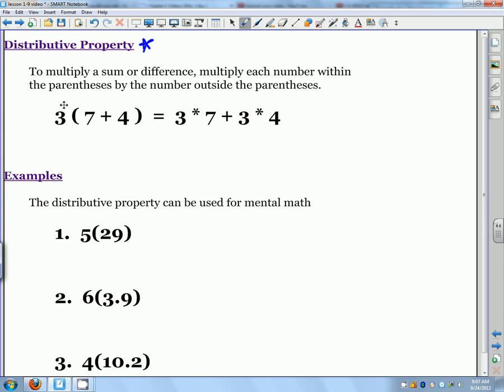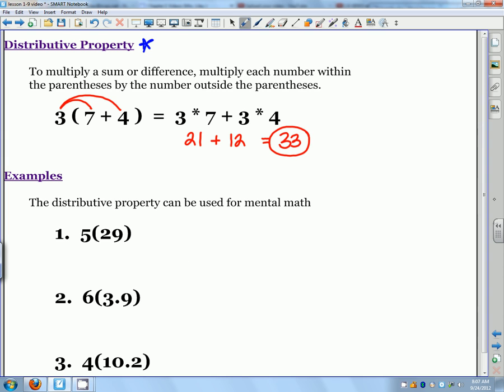I don't know if it helps you or not, but you do 3 times 7 and 3 times 4. You have to multiply both in order to get the correct answer. So 3 times 7 is 21, plus 3 times 4 is 12, so my correct answer is 33.